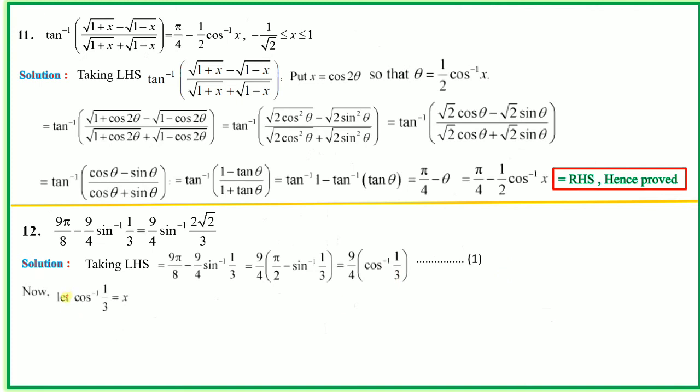Now let cos inverse 1 by 3 is equal to x, so cos x is equal to 1 by 3.